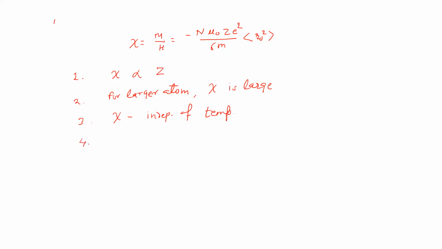And one more conclusion is that diamagnetism is due to the influence of the magnetic field on the orbital moment of electrons.